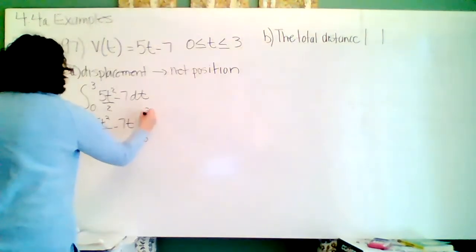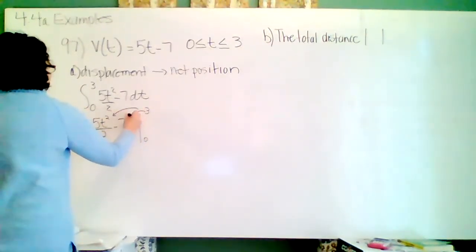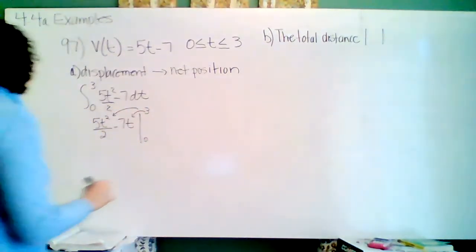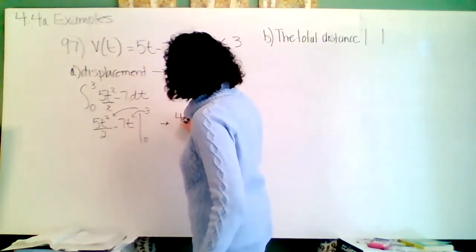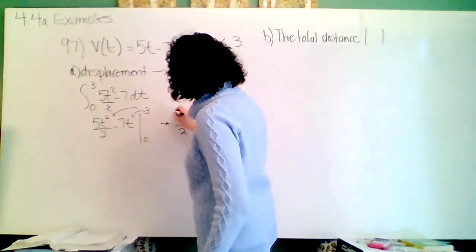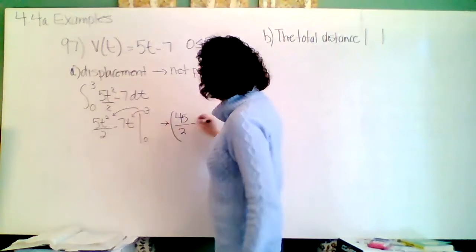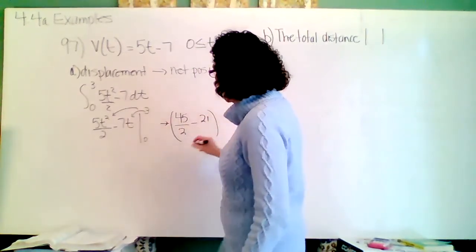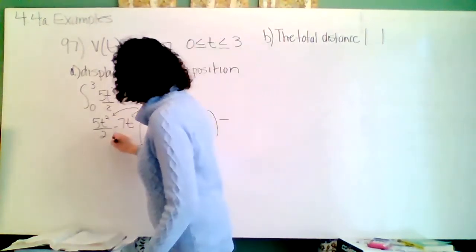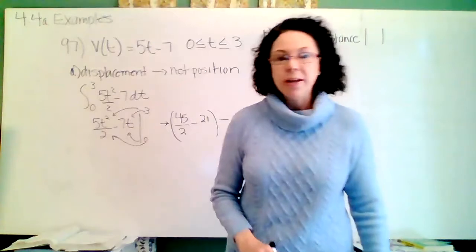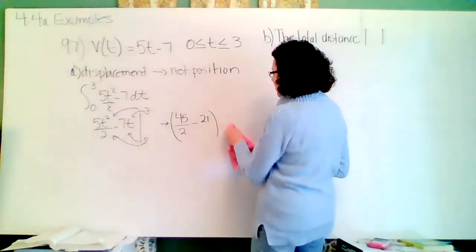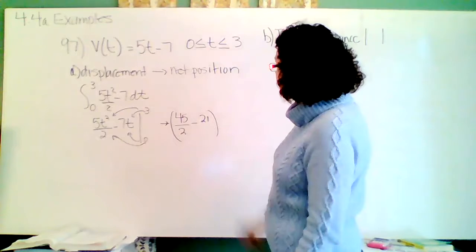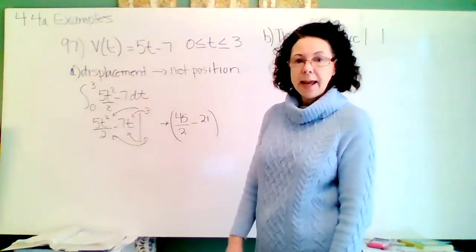From 0 to 3, we're going to do our F of B. F of B would be, let's see, that's 9 times 5 halves, 45 halves, minus 21. And minus our F of A. When we put a 0 in, we get a 0 out. So here is my F of B minus my F of A. 21, I'm going to write that as 42 halves.